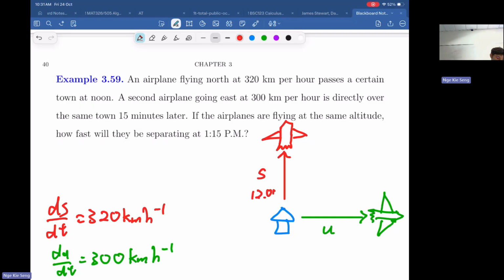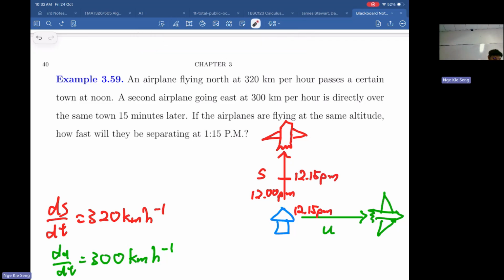One is 12:00 p.m. here, and the other one is 12:15 p.m. So you could imagine that by 12:15 p.m., the green airplane is still at the town, but the red airplane already went a bit further north, and then they keep moving. Makes sense. So by 12:15 p.m., maybe it's around here already.